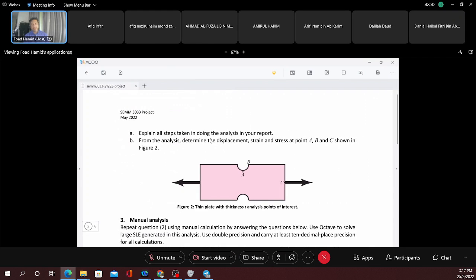So quarter model means you cut it here and you cut it here. Then you have a quarter model, not the whole model, because the whole model will consume your PC time. So what you want to do is to reduce the computation.